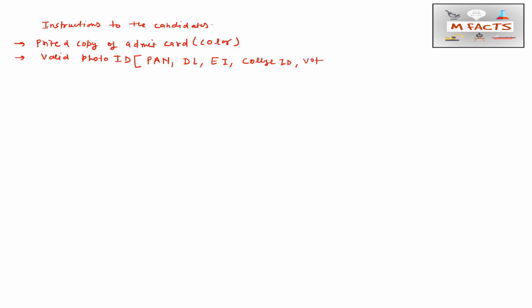Aadhaar card is also valid, but here I assume that you have uploaded Aadhaar card, that's why I told you the alternative ID cards. And passport is also a valid photo ID card.